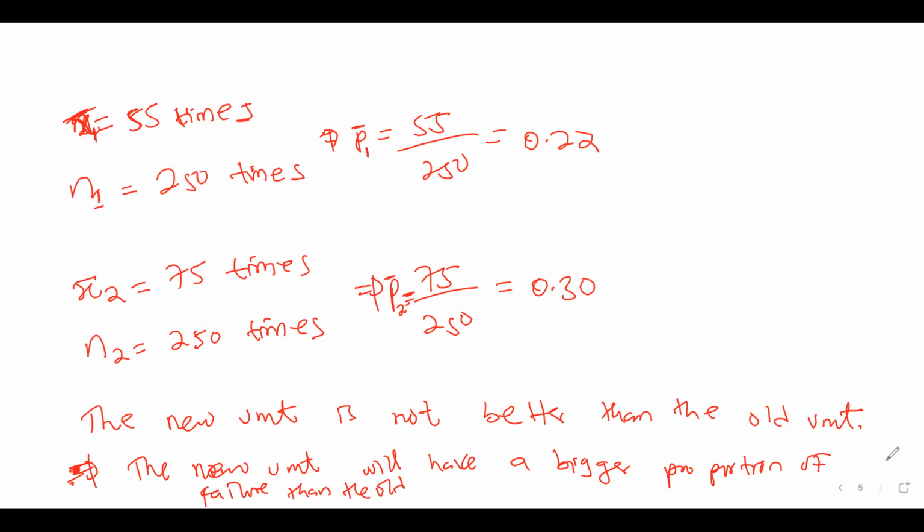Because if the new unit is not better than the old unit, it means that the new unit will definitely have a bigger proportion of failure than the old one.